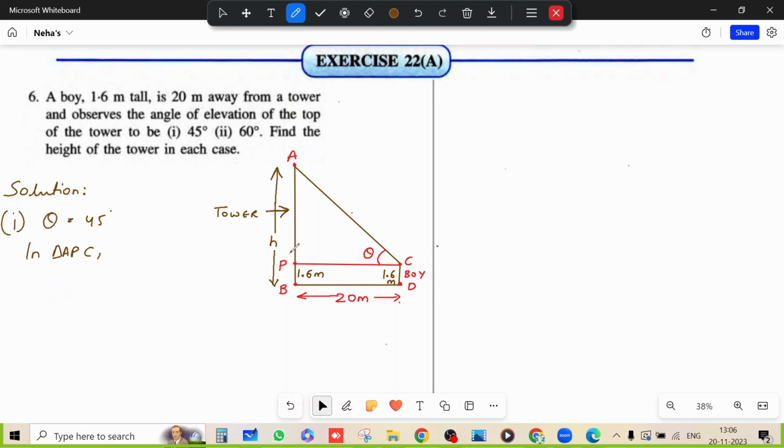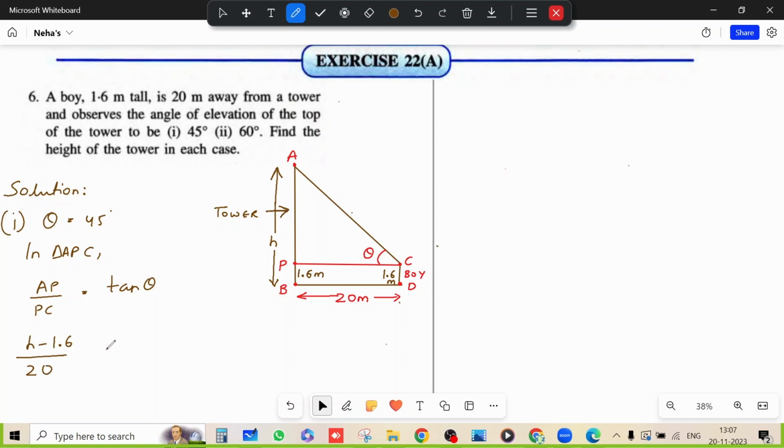So we know that AP upon PC is equal to tan theta. Substituting the value, AP will be equal to H minus 1.6 meters. PC value is equal to the value of BD because these lines are horizontal lines and they are parallel to each other.